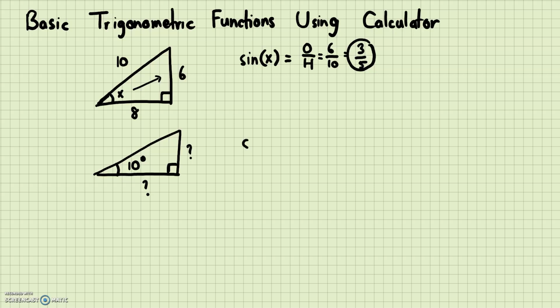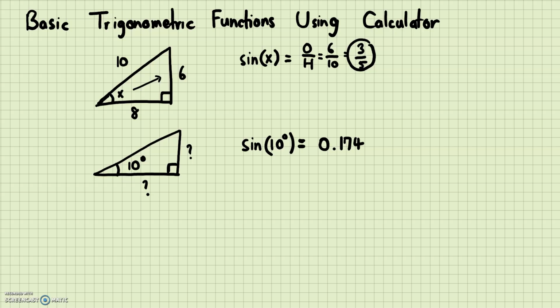And in the calculator, you'll need to plug in sine of 10 degrees. Let me actually do that on the calculator right now. Sine of 10 degrees, that's about 0.174.